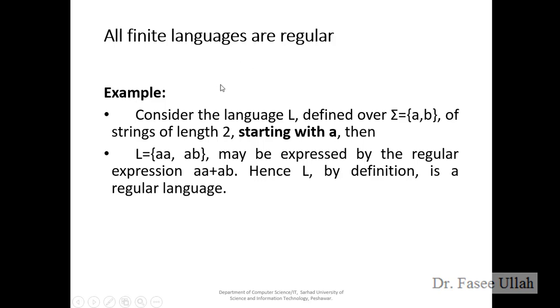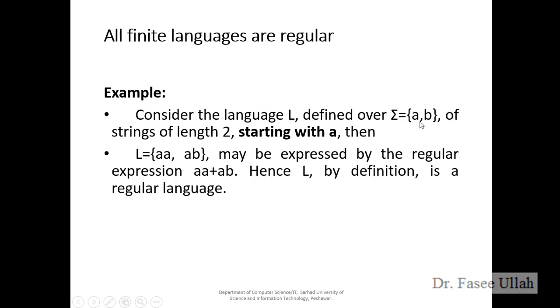How? If you remember, at the beginning of the lecture we said that all finite languages are regular, but not all languages are finite. This is one of the examples. Consider the language L defined from the set of a, b, having length 2 and starting with a.